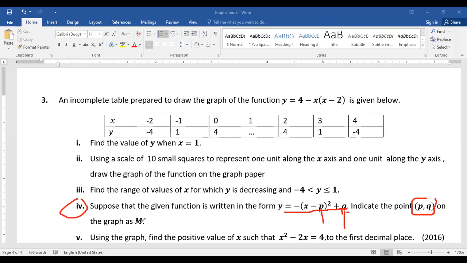On the graph, M. So to mark this point M, first we should find the values of p and q, right? So let's see how to find p and q. So the given function is y equals minus (x minus p) squared plus q, right?